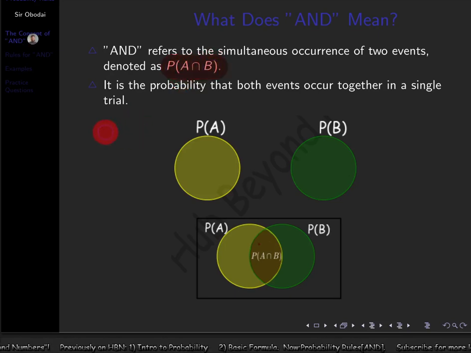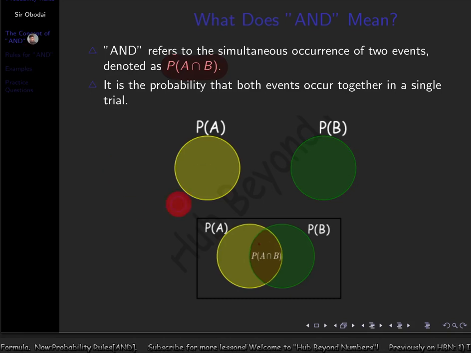When we say two events are occurring simultaneously, what does it mean? Let's say you have two dice and you are rolling them all together. It is likely you will get an outcome in the first one, and then you would definitely get an outcome on the second one as well.